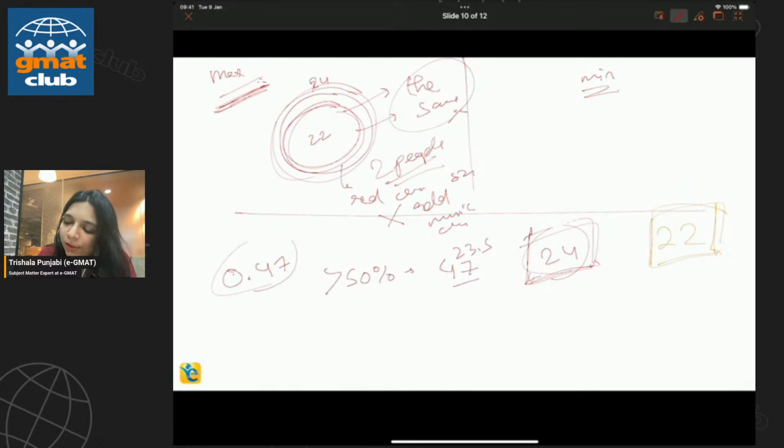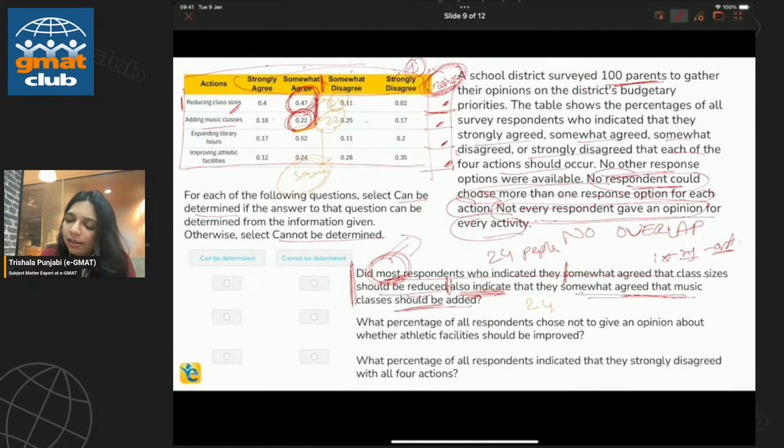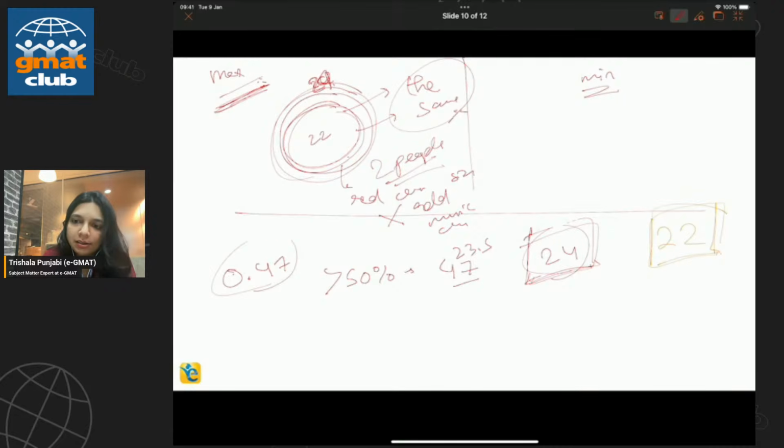Let us say most of those 24 people want to reduce class sizes, and 22 people want to add music classes. So there are still two people who don't want to add music classes.